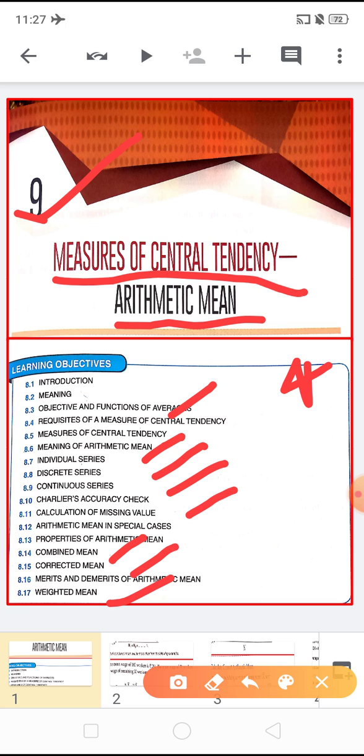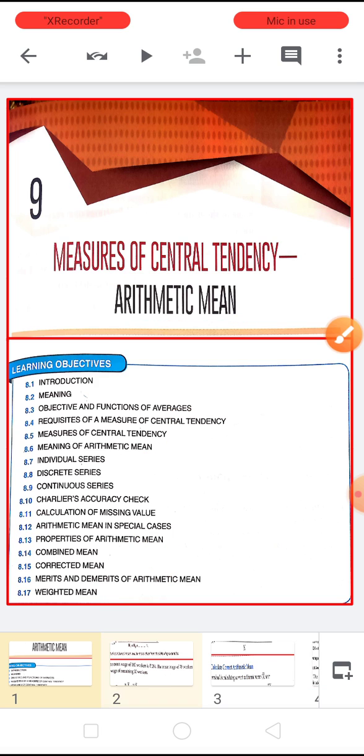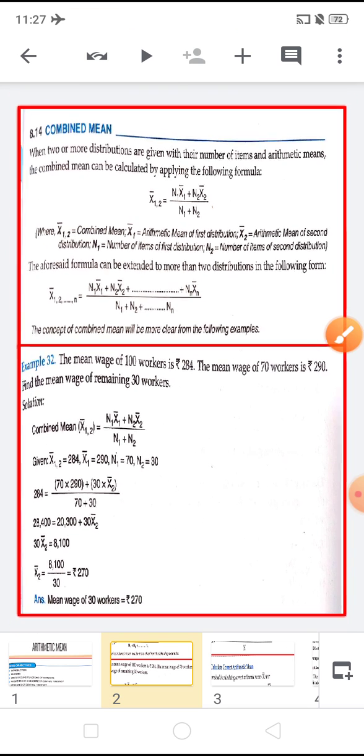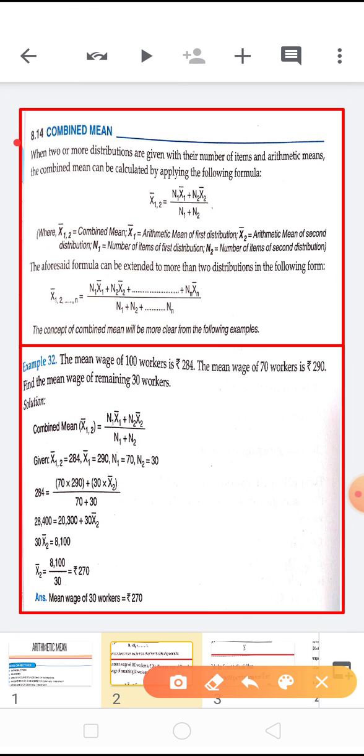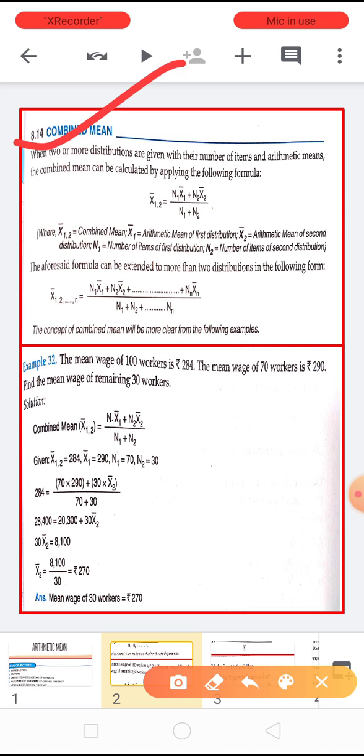So children, let us start with the first topic, that is combined mean. Combined mean means when two or more distributions are given with their number of items and arithmetic means, the combined mean can be calculated by applying the following formula.